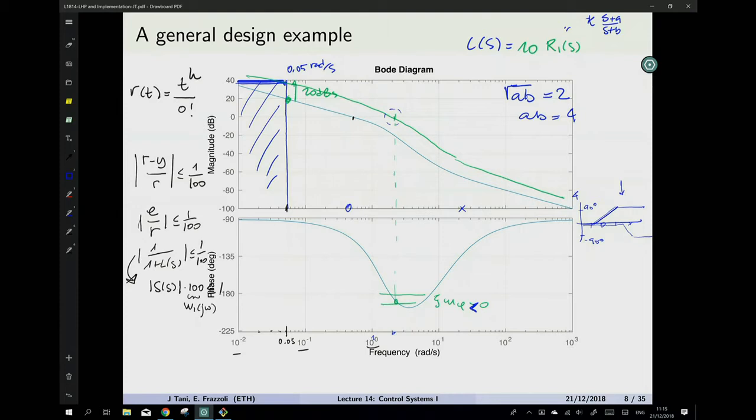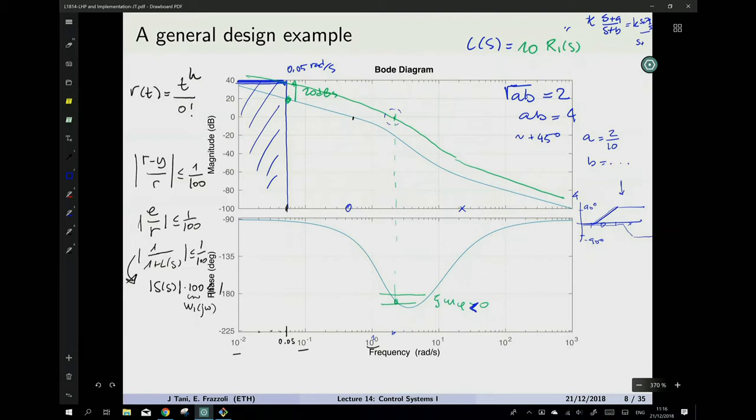Okay, so A times B has to be equal to 4. We want roughly plus 45 degrees, so we choose A to be 2 divided by 10, 1 decade before 2 radians per second, and then B will come to be whatever it is. So this could be K times (S plus 1/5) over (S plus whatever B comes to be), okay?